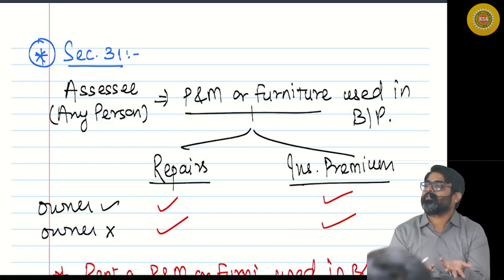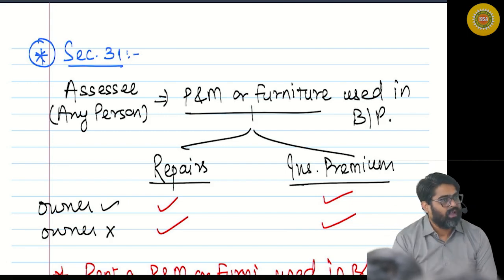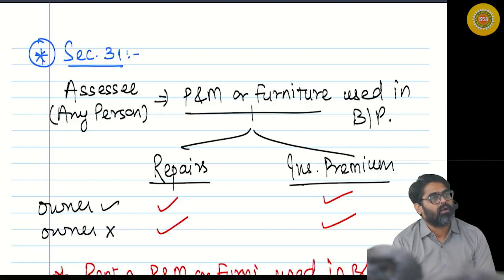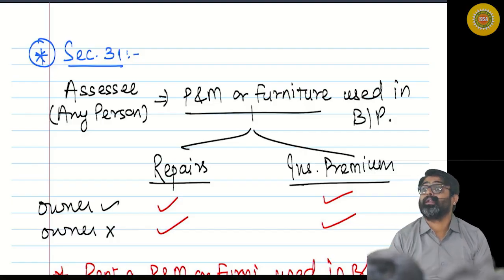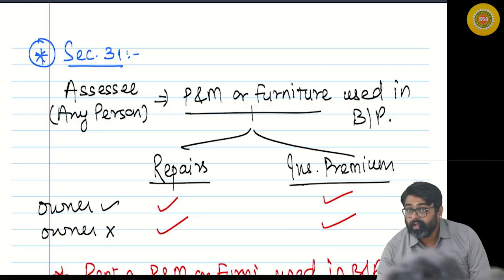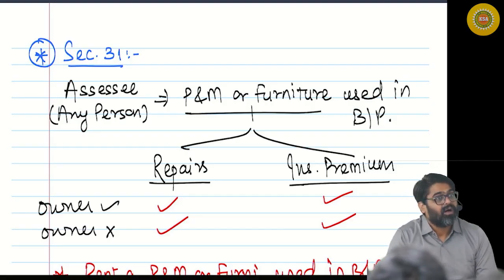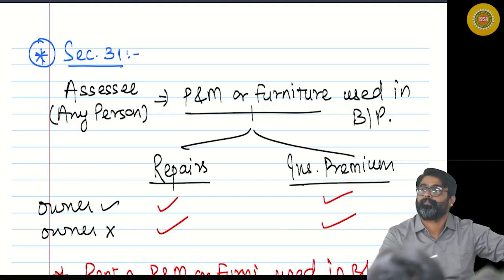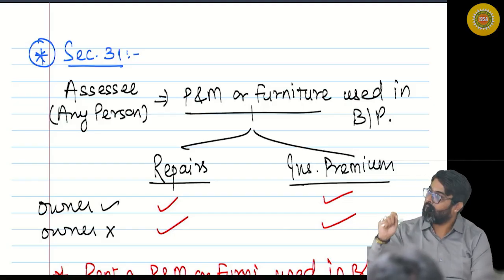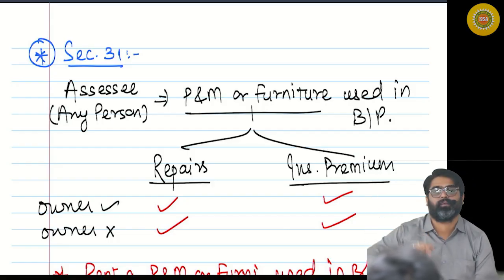But if there are some expenses which are related to your business, wholly and exclusively incurred for the purpose of your business or profession, yes or no? Not capital in nature, not incurred for personal purpose, and not allowed under the specific sections from 30 to 36(1), then those expenses will also be eligible as deduction under section 37(1).